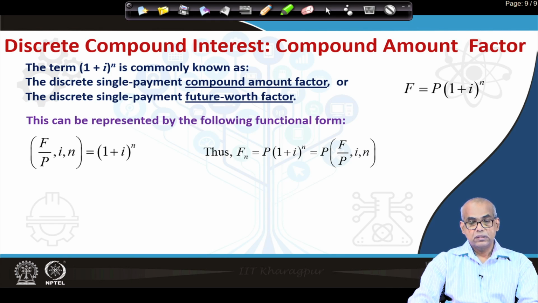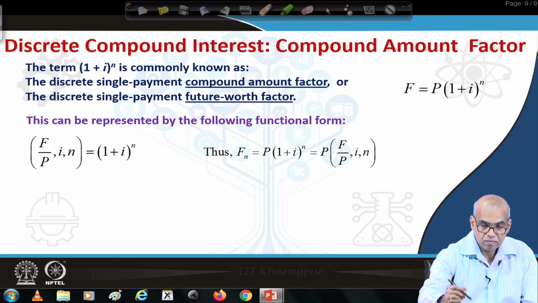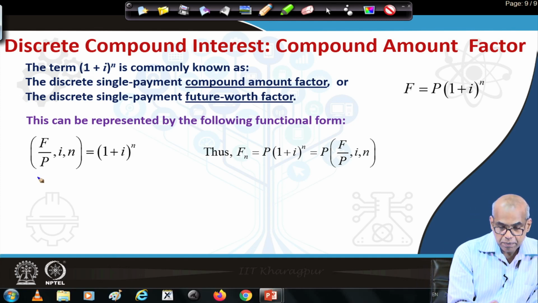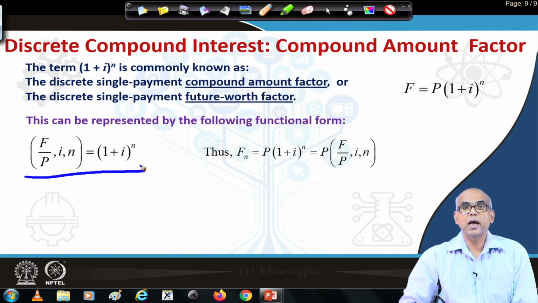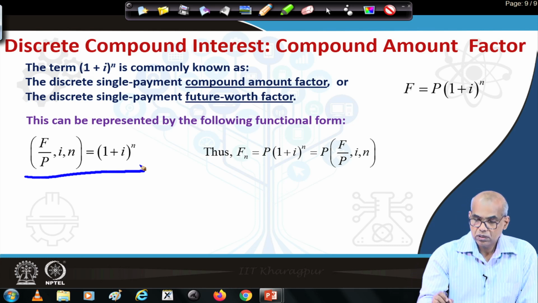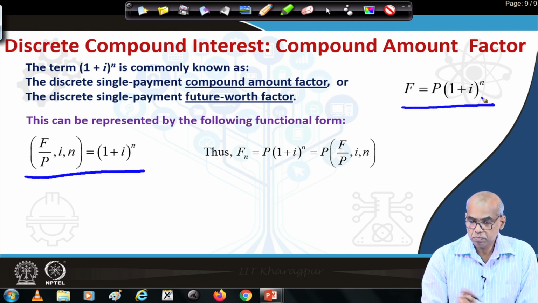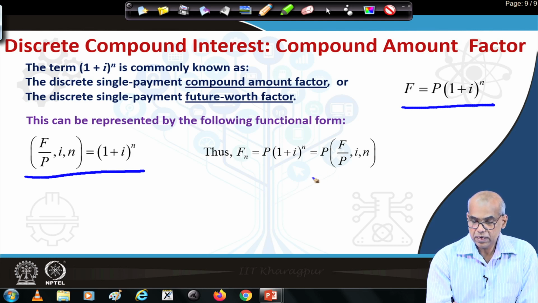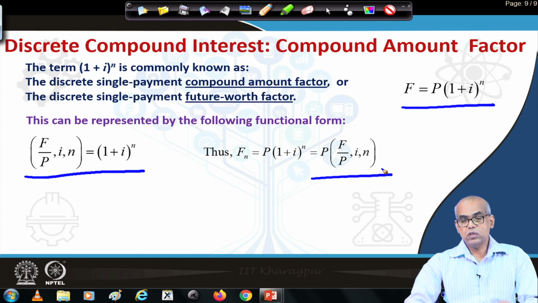Now, this factor can be represented by a functional form, which is F by P comma I comma n is equal to 1 plus I to the power n. So, F equal to P into 1 plus I to the power n can be written as P into the factor F by P, I comma n.